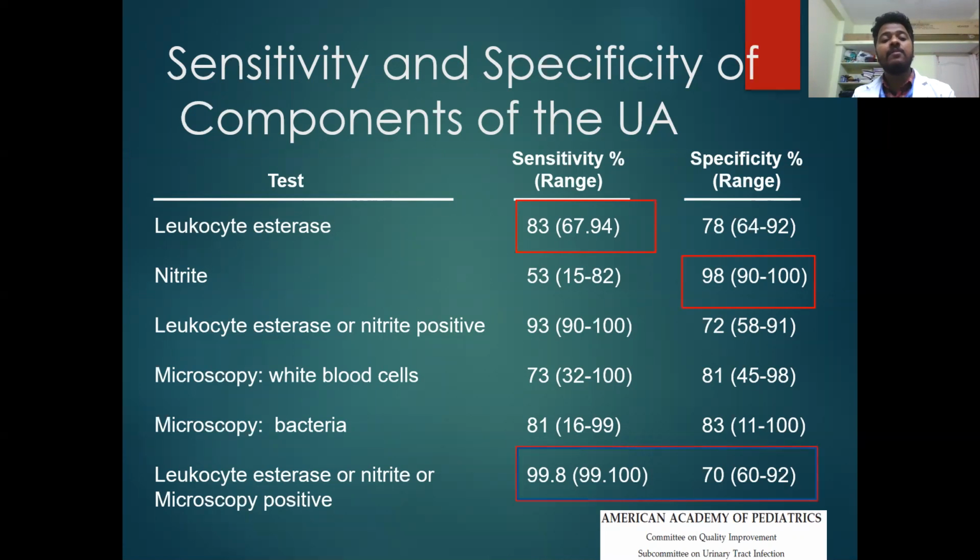If we combine leukocyte esterase and nitrite, they have more sensitivity and specificity together. So that is the funda. We are doing both leukocyte esterase and nitrite. Other tests being done are microscopy, which shows white blood cells and bacteria. These are the sensitivity and specificity for each test. So in our routine practice, we are doing leukocyte esterase and nitrite dipstick.